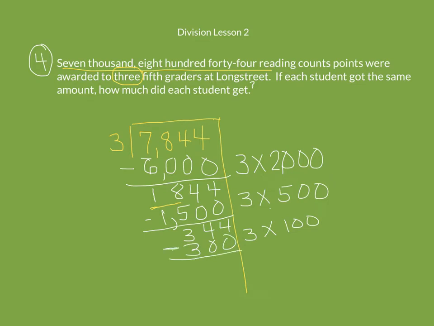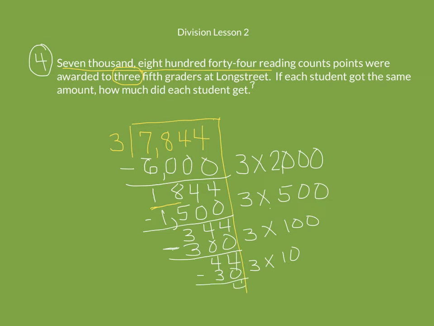How many do I still have left to split between the 3 groups? Well, 44. So that I know is I could have 3 times 10 because that's 30. So let's do that. 3 times 10, which is 30.